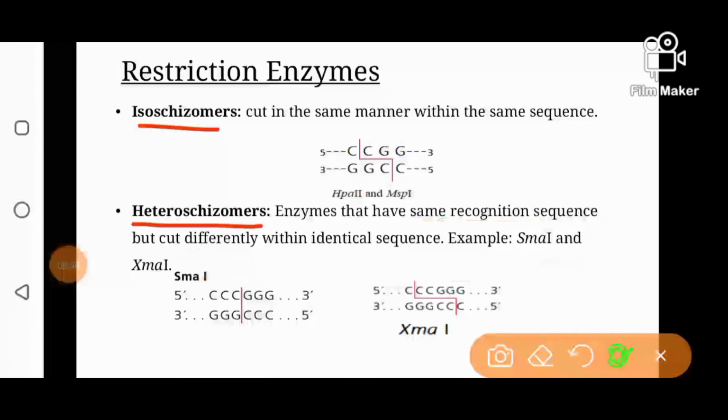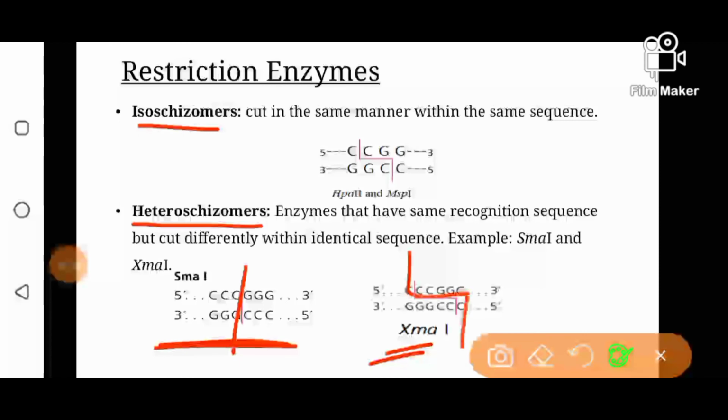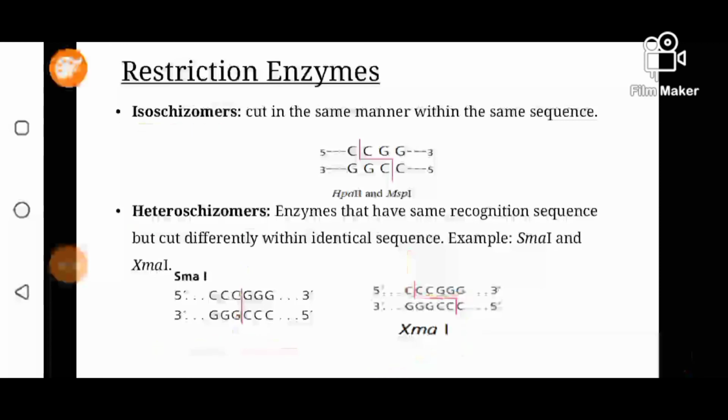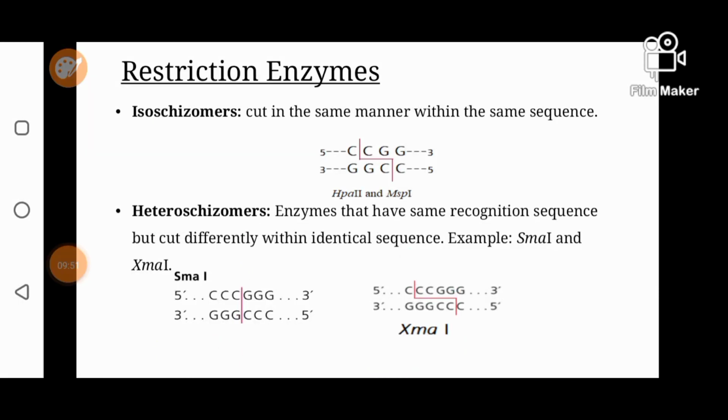Like you can see, SmaI produces a blunt cut and cuts DNA right in the middle of the recognition sequence. But XmaI produces sticky ends and cuts differently from SmaI. So these kinds of enzymes are known as heteroschizomers.